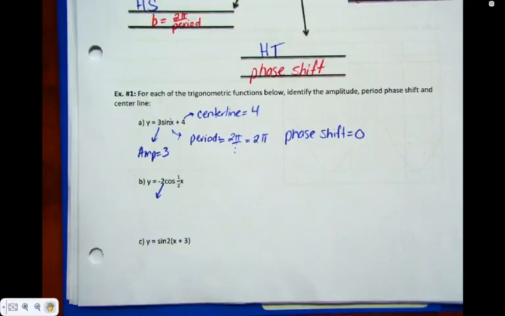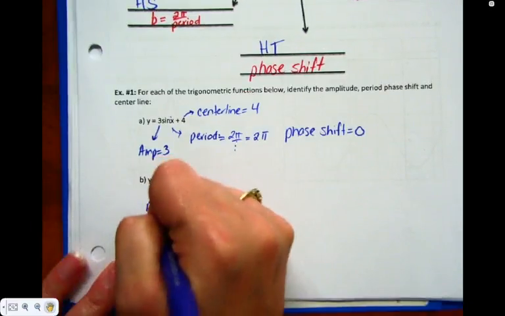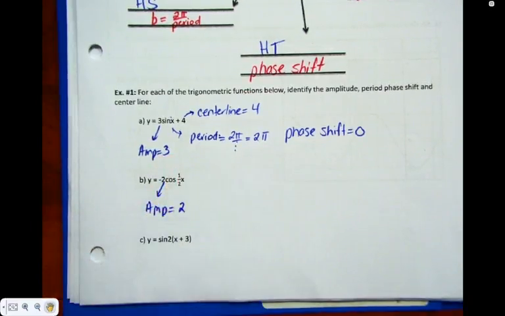So you'll see sometimes in the book they'll talk about the absolute value of A or the absolute value of the amplitude. What does absolute value mean? It takes away the negative because it's a distance. So you'll sometimes see absolute value of A, that's all they're talking about. So the amplitude here is not -2, it's 2 units. Okay, so you might just want to make yourself a note, don't include the negative or take the absolute value, whatever makes sense to you.